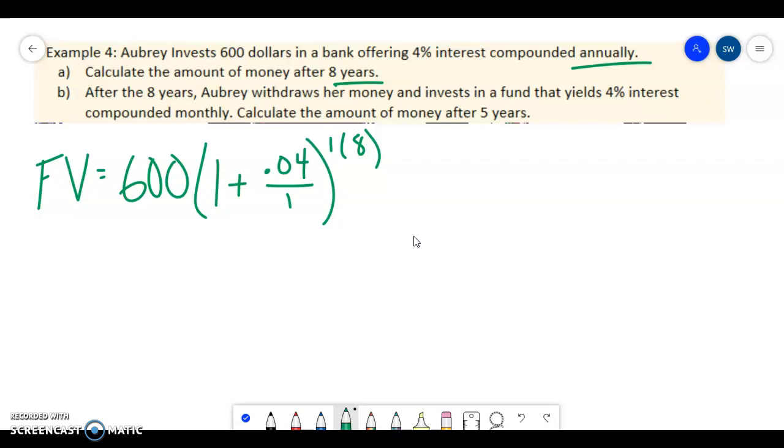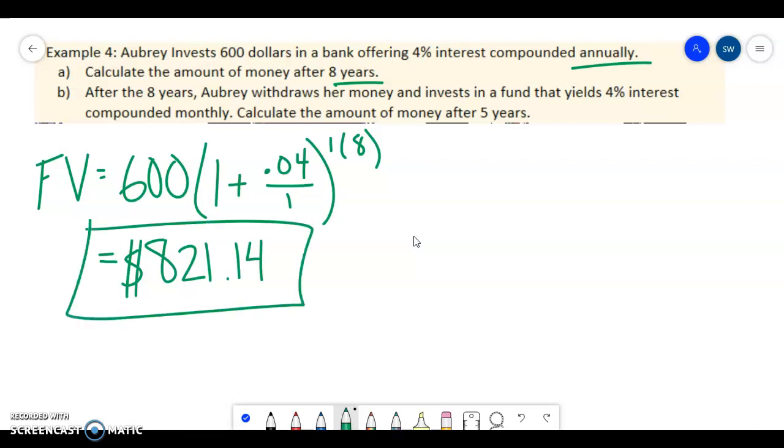So then we just do that multiplication, so 1.04 to the 8th. So it would make $821.14. That's what you would get if you compounded yearly for 8 years.